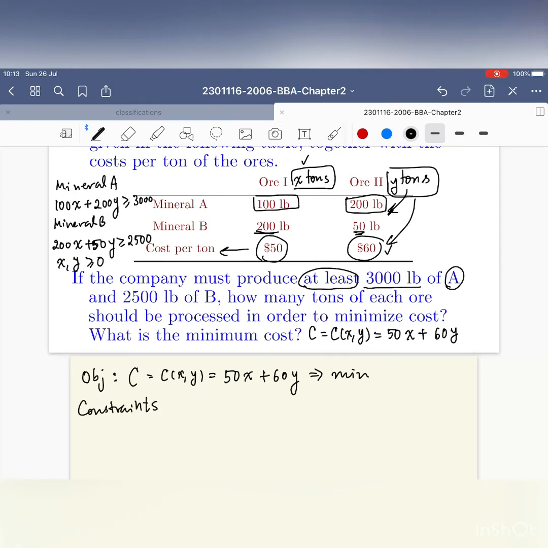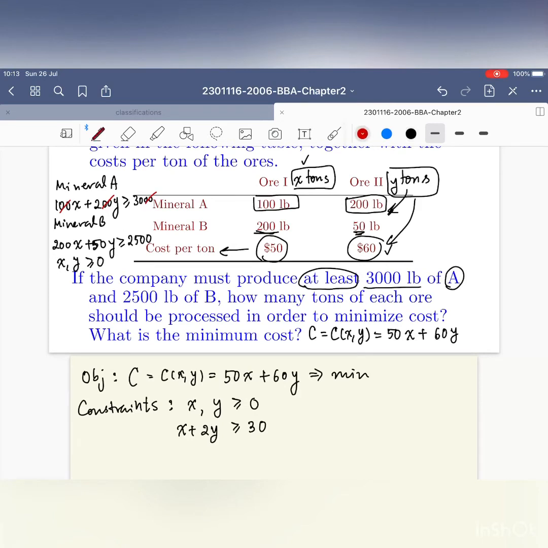And the constraints: of course, x and y must be non-negative, and we simplify a bit. Instead of 100x and 200y, you have x plus 2y must be greater than or equal to 30.